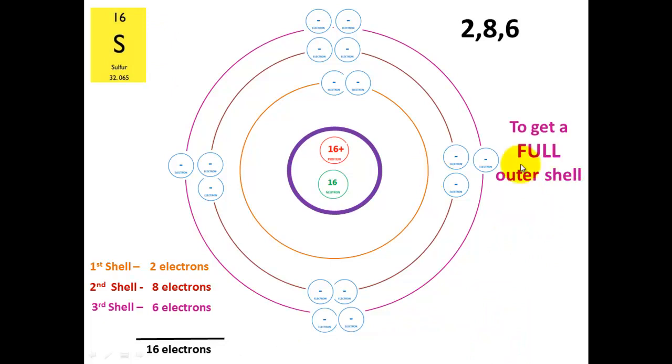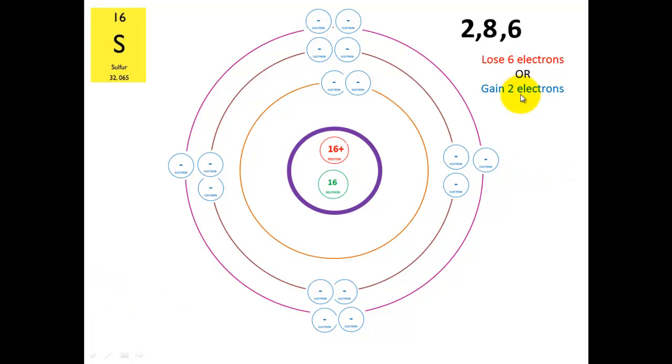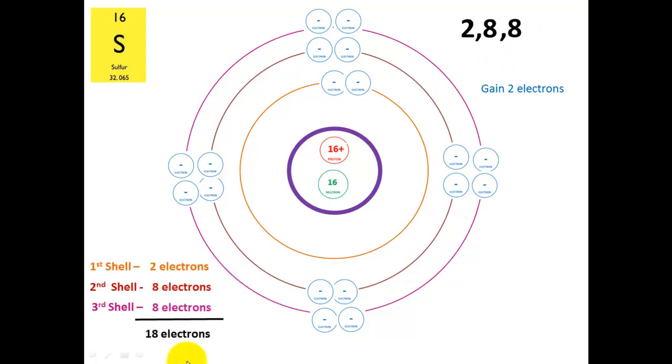To get a full outer shell, sulfur will either lose 6 electrons or gain 2 electrons. And remember, it's always going to do the easiest thing, which in this case is to gain 2 electrons. That will get a full outer shell of 8, and here come our electrons in now. So our electron configuration is now 2, 8, 8. So we've got a total of 18 electrons. That gives us 16 protons, that doesn't change, 18 electrons, which gives us now an overall charge of plus 16 minus 18, which is -2.